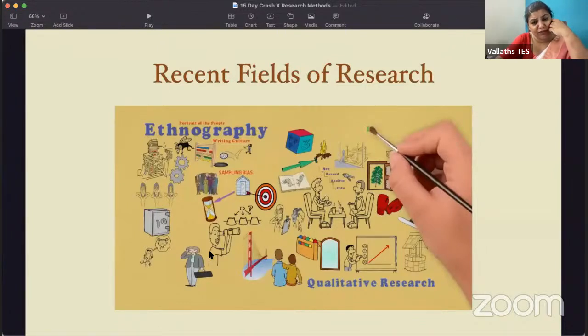Which of the following theories comes under interdisciplinary studies, for example? Space research, then subaltern studies.